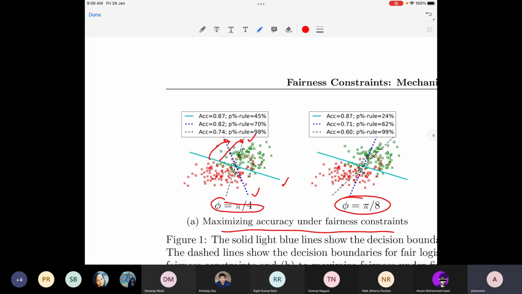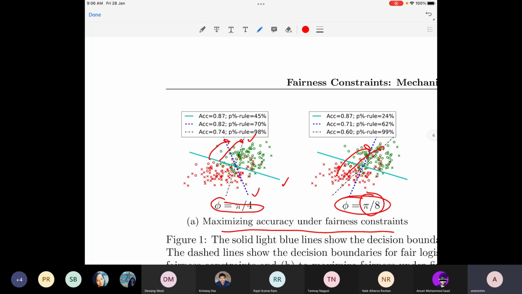And the rotation is higher when the value of phi is smaller in order to balance the amount of rotation that has been given to the sensitive attribute. Okay, so this was one part of the story.